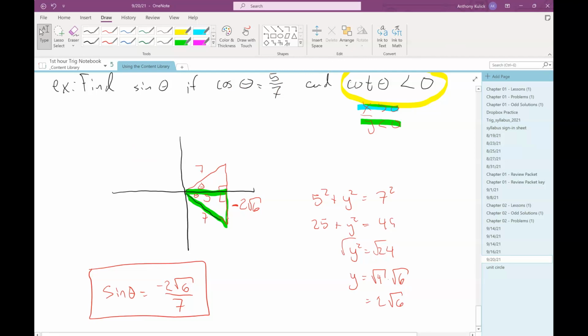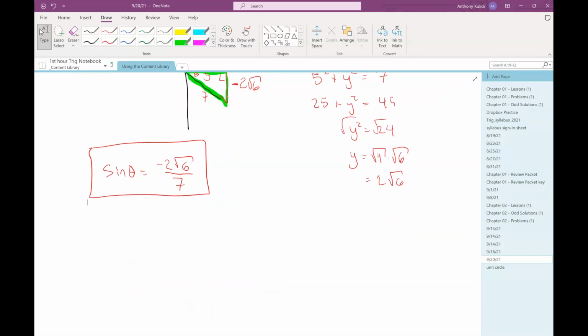So that'll be that for chapter 2. We can now finish the chapter 2 problem set, 42 through 60.